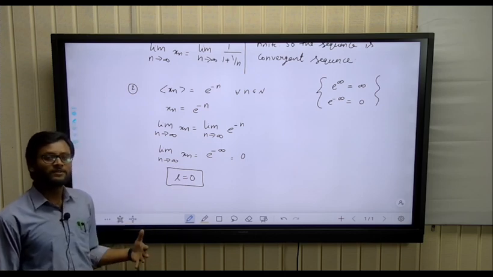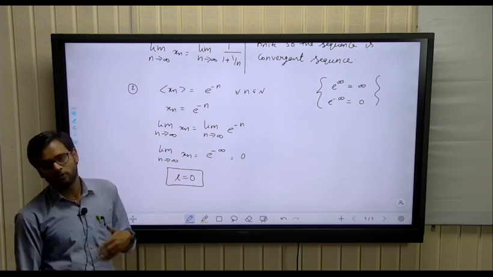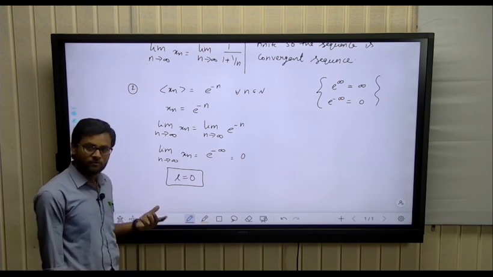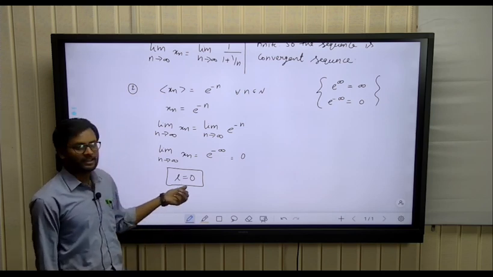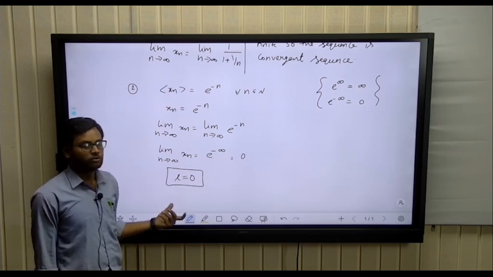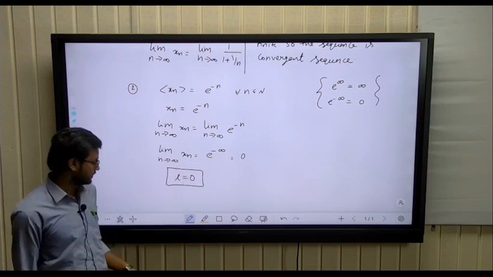The second step says to check whether the limit is finite or infinite. We all know 0 is a finite number. So we say that here the limit of the sequence is a finite number, which is 0. So the given sequence is a convergent sequence.